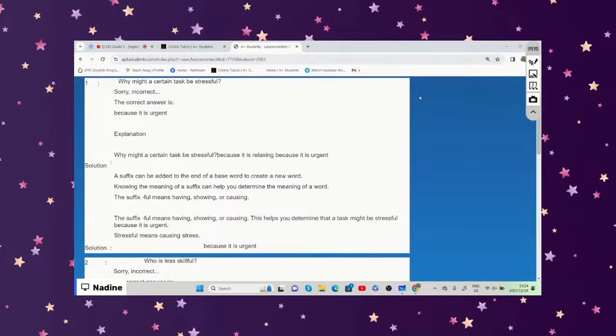Is the screen a bit blurry? I don't know how to change it. Honestly. All right. I really don't know how to change it.